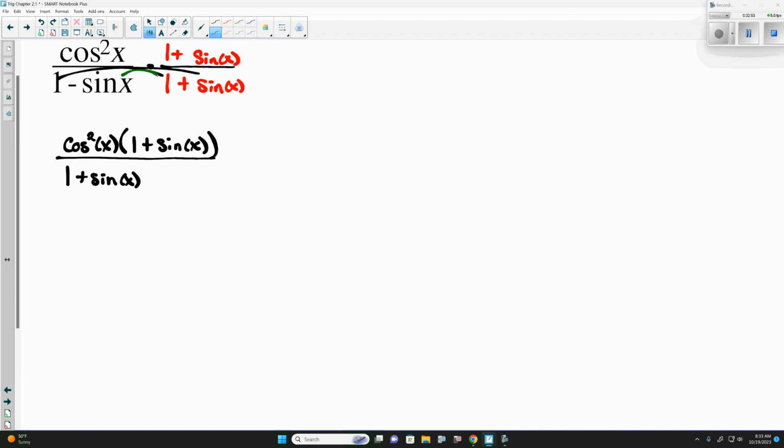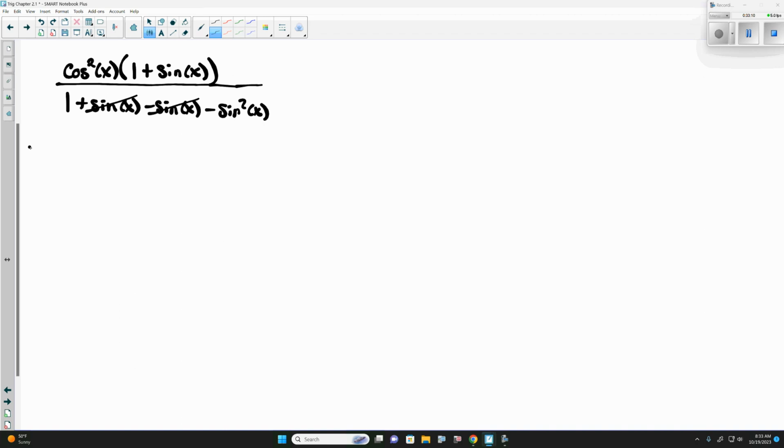Negative sine of x times 1 is negative sine of x. And negative sine of x times sine of x is negative sine squared of x. And just like the last one, these cancel, leaving us with cosine squared of x times 1 plus sine of x all over 1 minus sine squared of x.